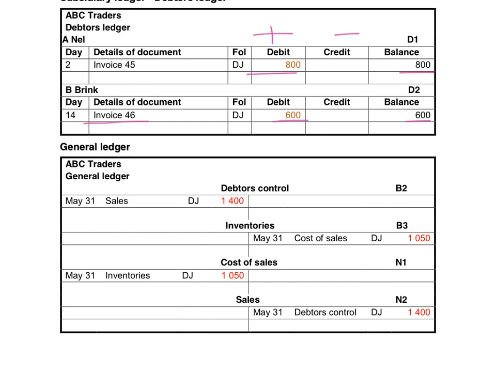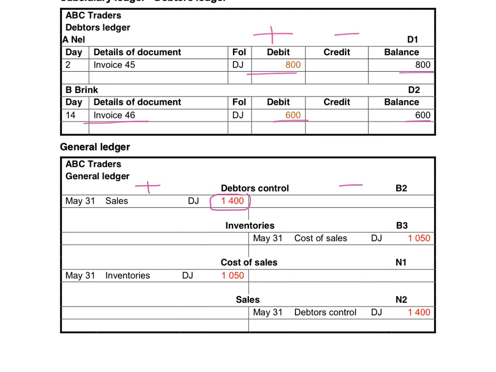If I look at this total of 1,400, it means that I must complete a double entry. First of all, the debtors owe me the money. Assets increase on the debit side and decrease on the credit side, so I will debit my debtors control account.